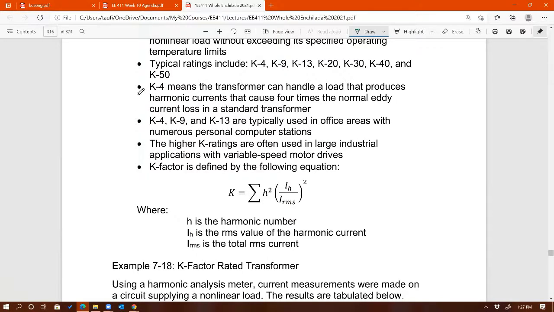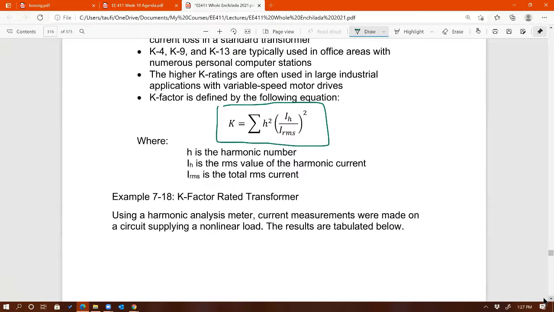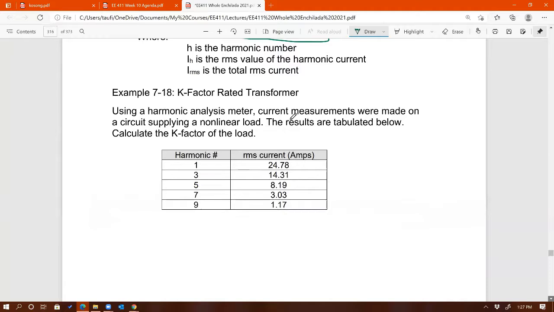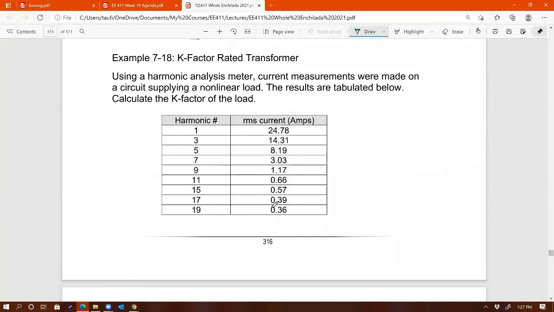Right? So how do you calculate K? This is how you calculate K right there. K is equal to the summation of h squared times Ih over Irms squared. And I have this example right here that shows a table of the harmonic content and how you apply the K factor equation from this table.